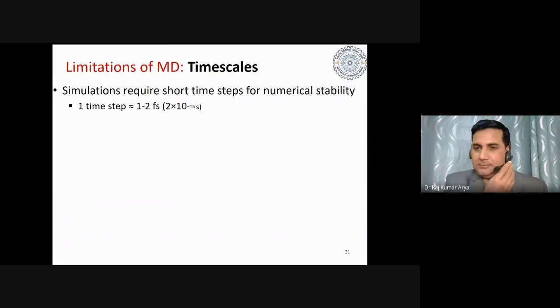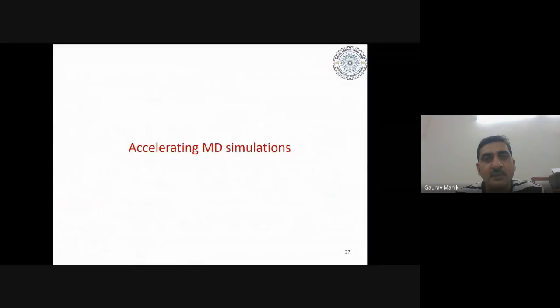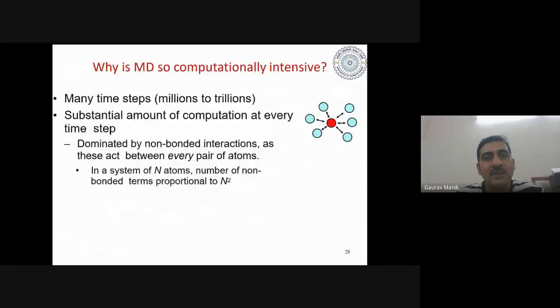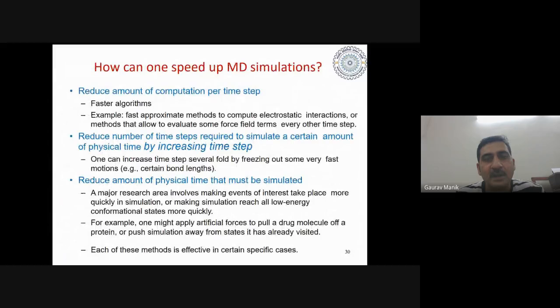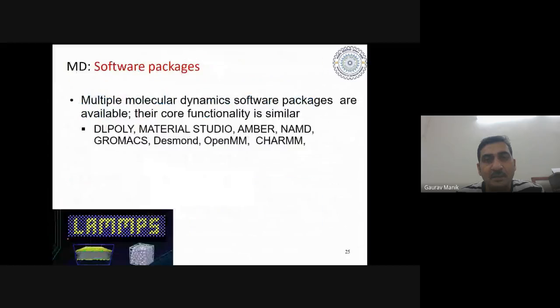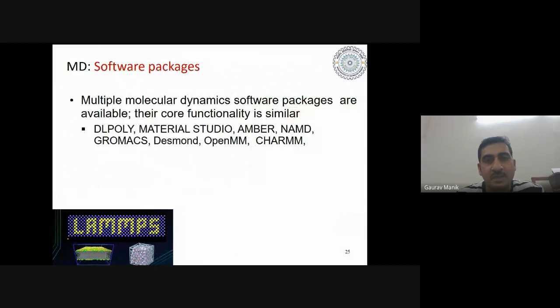Now, the second part that I would like to touch, because we're close to the time, I would not go into the concepts of limitations and the accelerating molecular dynamics because this we can probably talk at some other point. But these are some softwares of DL Poly, Material Studio, Amber, which are available.